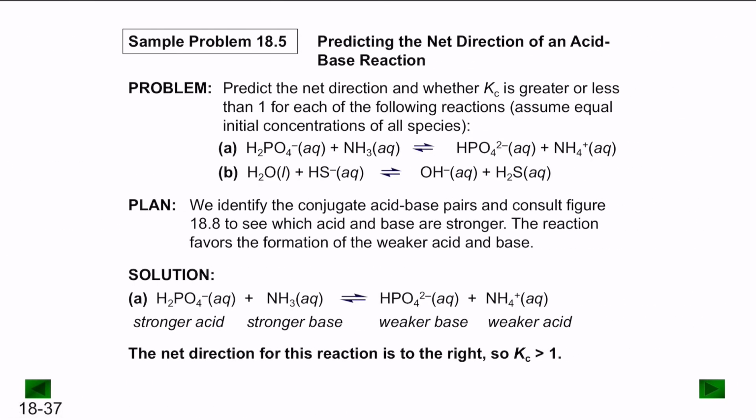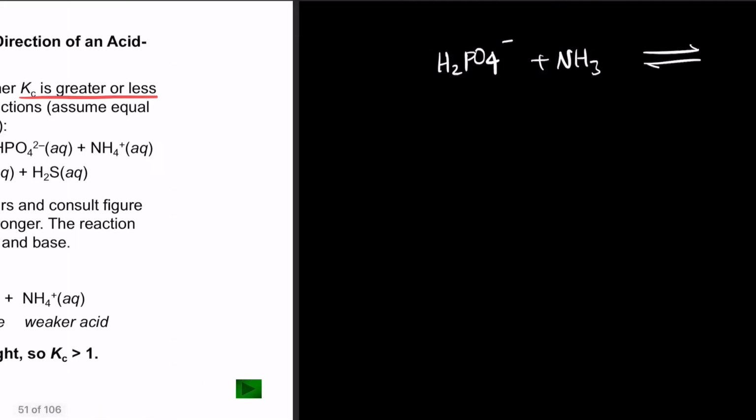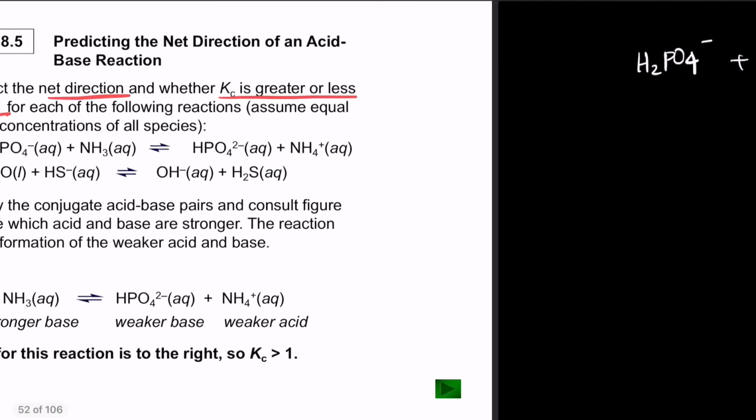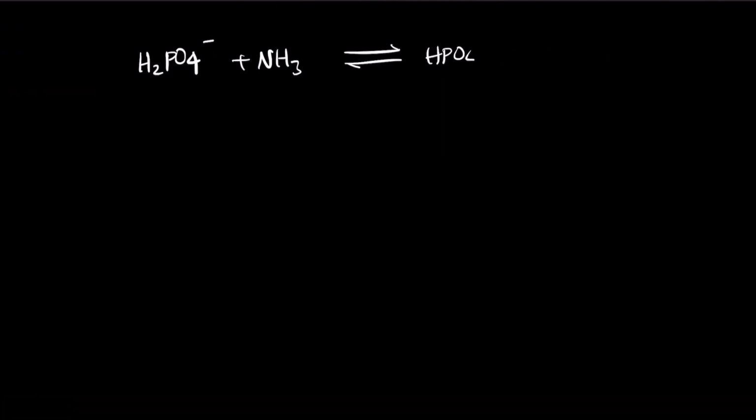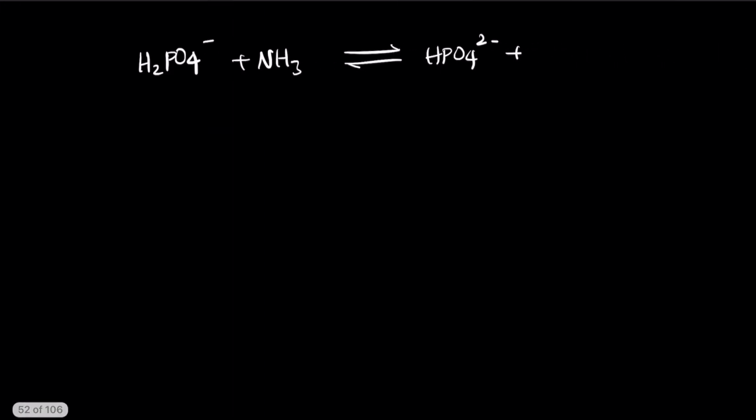So let's predict the net direction and whether Kc is greater than 1 for each of the following reactions. So let's take the first reaction. You have H2PO4 minus plus NH3 results in HPO4 2 minus plus NH4 plus.